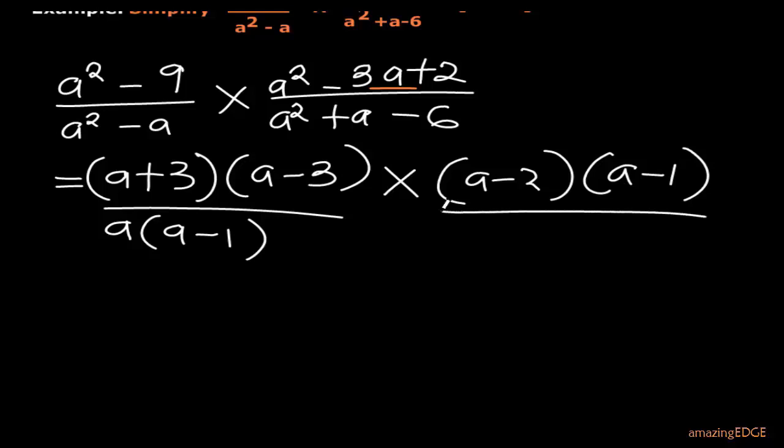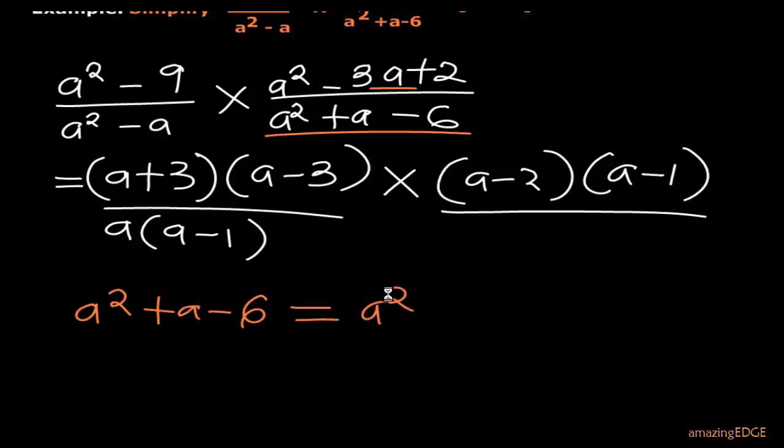Then similarly, if you look at the denominator here, a squared plus a minus 6, you see the same thing will happen. You agree with me that a squared plus a minus 6, if you want to factorize it, will now be equal to a squared plus 3a minus 2a minus 6.